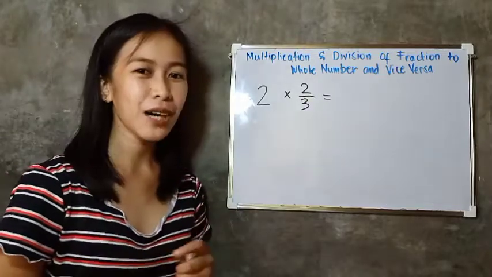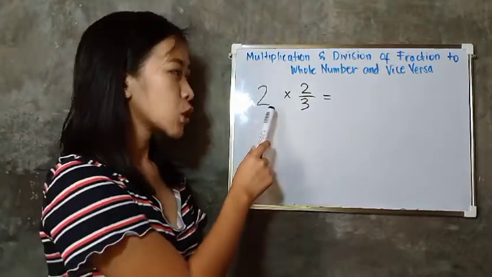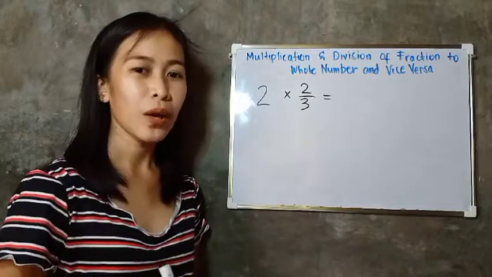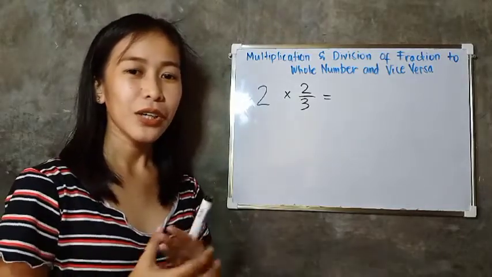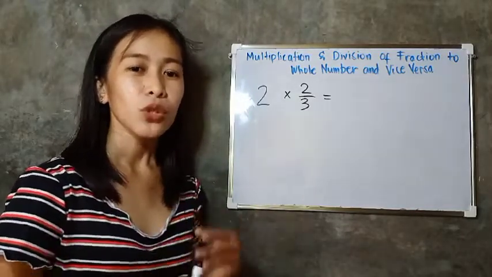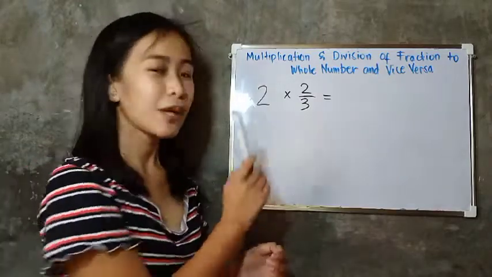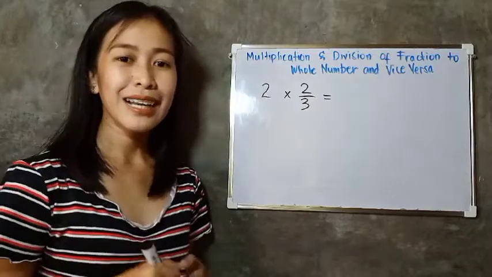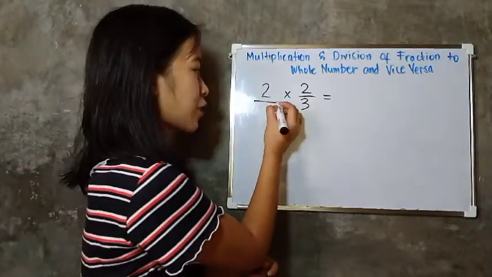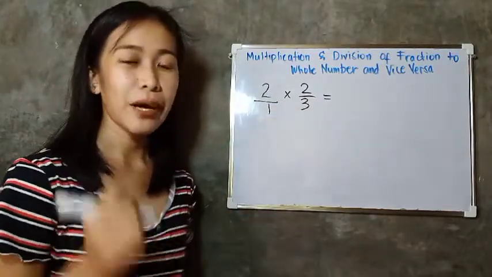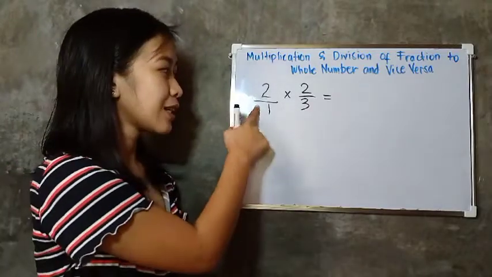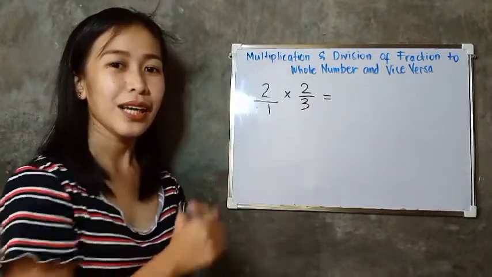Okay? So, we have the first example, 2 times 2/3. Yan. So, ito is napakasimple lang din ang gagawin. So, what are you going to do when you are going to multiply whole number to fraction? Maglalagay lang tayo ng denominator na 1 sa ating whole number. Ayan. So, as you can see, nilagyan ko siya ng 1 sa ilalim.